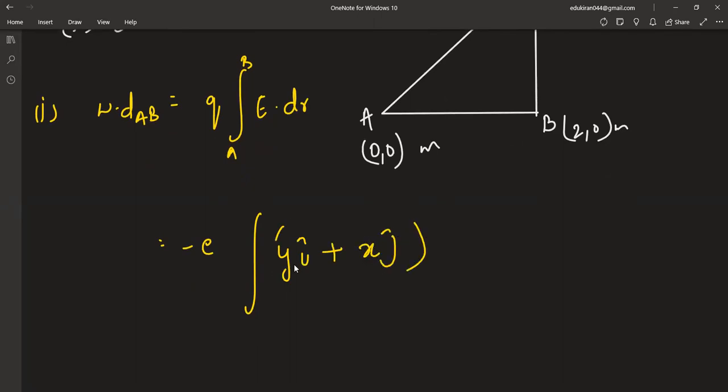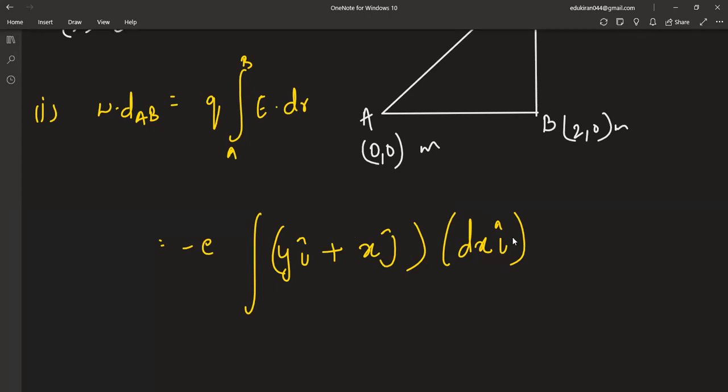This is the formula. And dr, what will we choose? See, this is on the x-axis, right? So we take the x-axis and the unit vector we put is i cap. See here, y i cap plus x j cap multiplied by dx i cap.